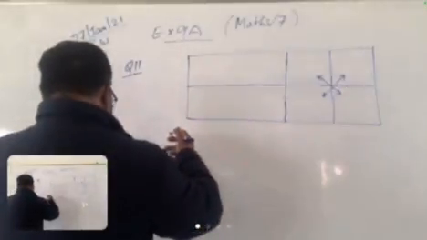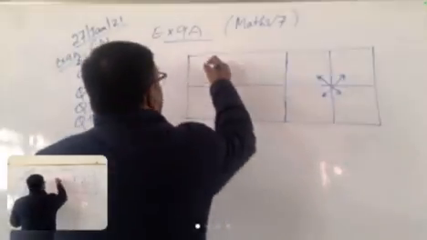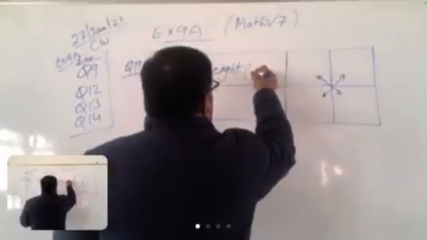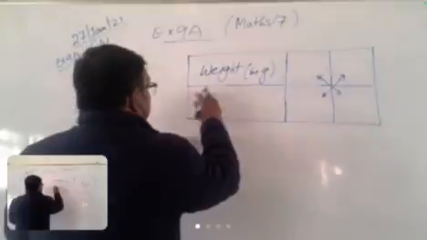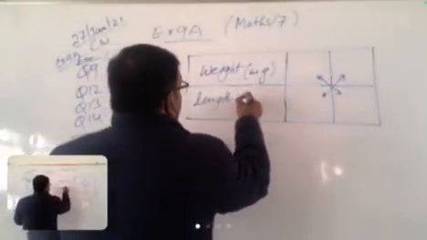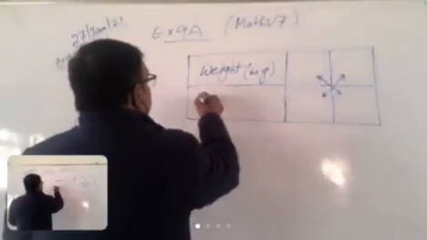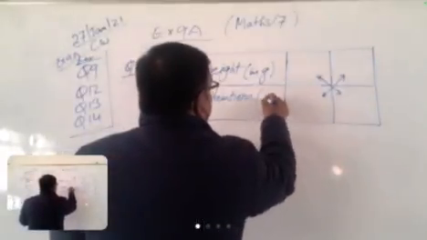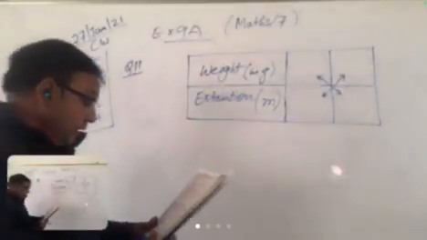Now, weight in gram and length of extension, or extension, you can write extension also. This is in meter. Extension is produced in meter.